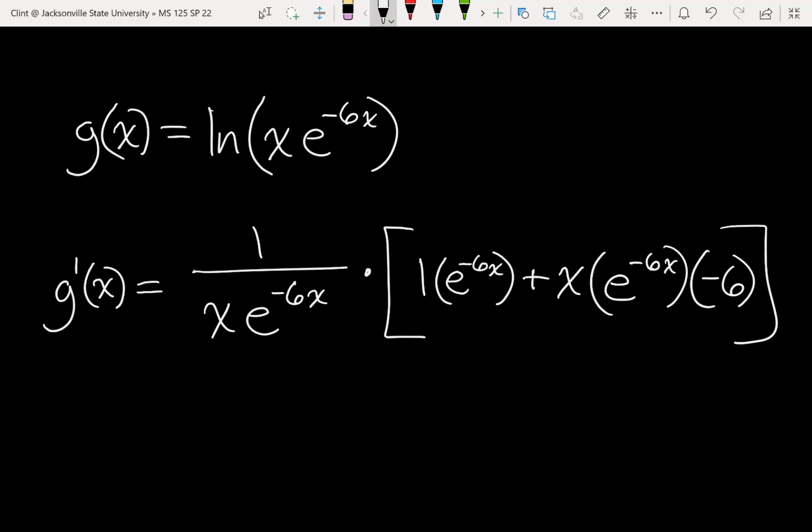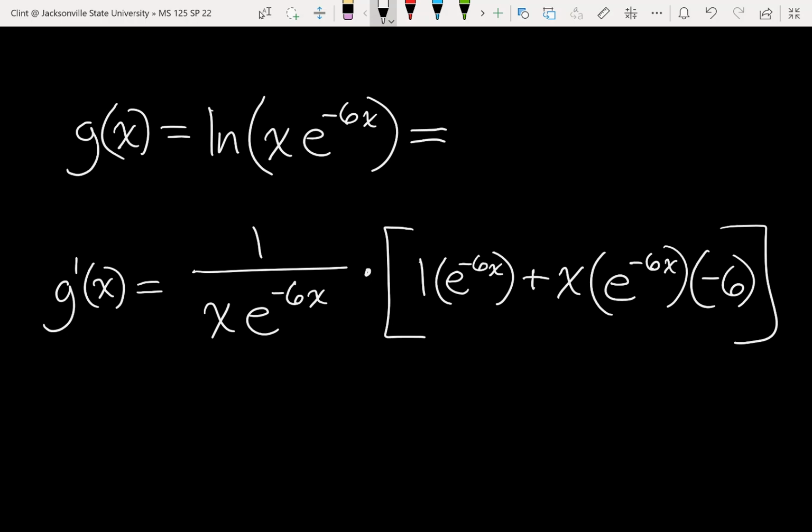Well, if you do that, you have to move the whole e with it. You'd have to move e to the 6x. And then we just end up with quotient rule, so that's making it a little bit worse. I'm thinking something else. What else can we do? What else do we know? Forget calculus for a second.